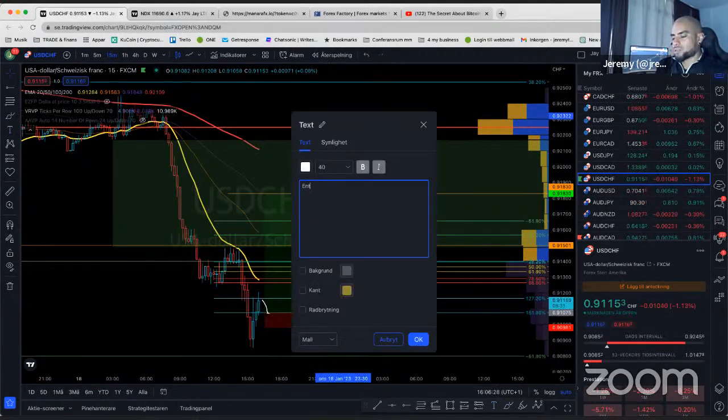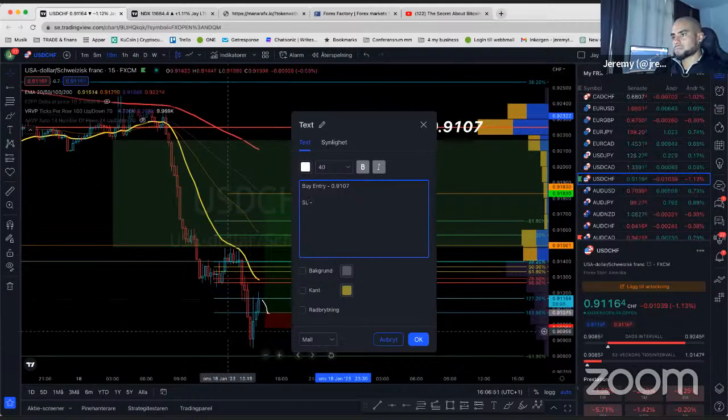So, buy, entry, 0.9107. All right. SL at 0.9098, like that.